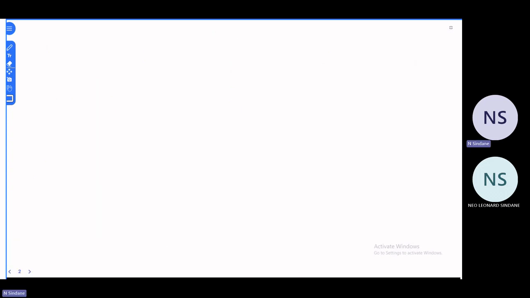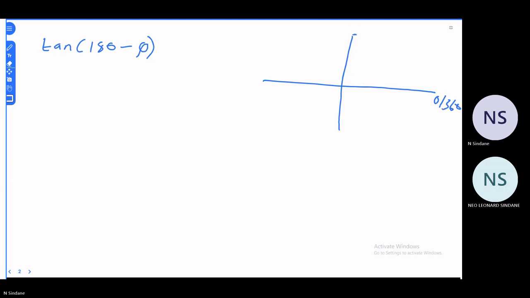Now, when you come to tan, tan of 180 minus theta. Let me just draw that diagram first. We have 0, 360. Then we have 90. Then we have 180, 270.